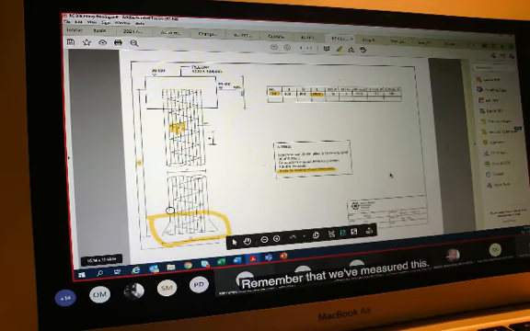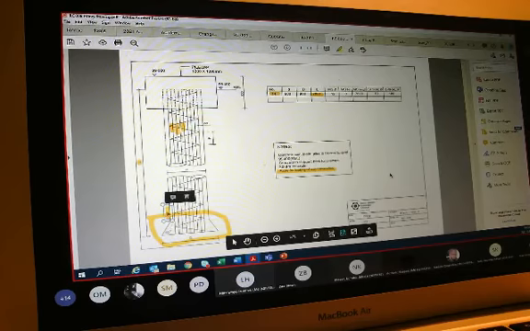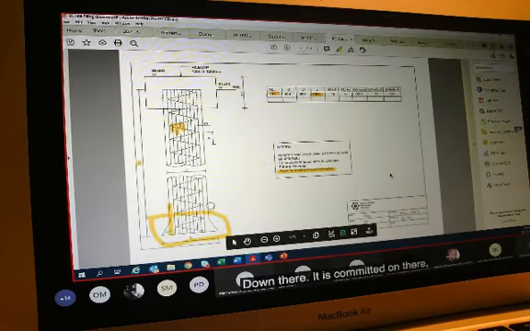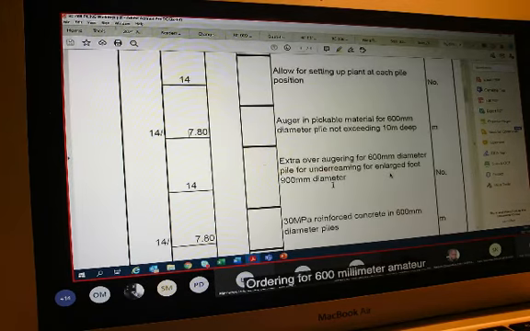over there. It goes wider, it's 900, the D there tells me it's 900, and the small diameter is given as 600. So remember that we've measured this down there, we've excavated down there. So we now need to allow for that section there to be broadened.